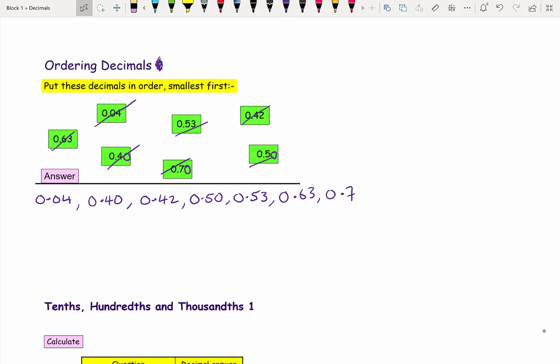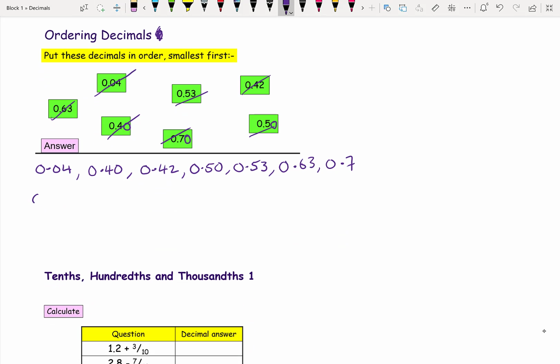Okay, if I want to tidy it up a little bit, then I can write them again underneath, but I'm just this time going to get rid of these extra zeros that I added in to make the process easier. And I've already done that for the 7, so we've kept it consistent, that should be there. Okay, so that is our best way of ordering them.